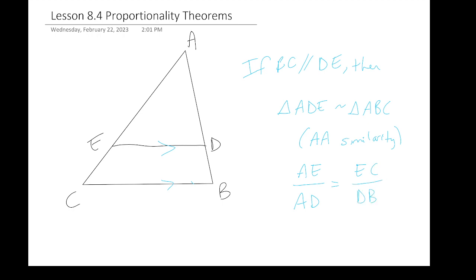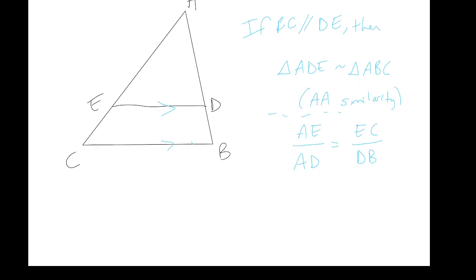But we know that AC and AE are going to be proportional in the ways that AD and AB are proportional as well, right? So then these little sub-segments, by angle addition, EC and DB, are also going to have a similarity. Now, the converse is also going to be true.